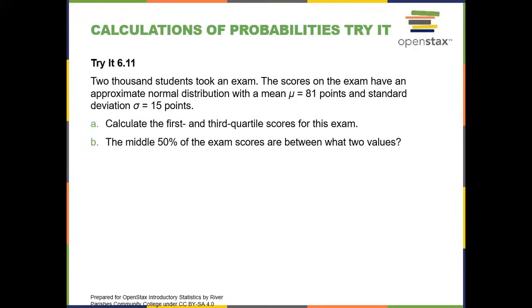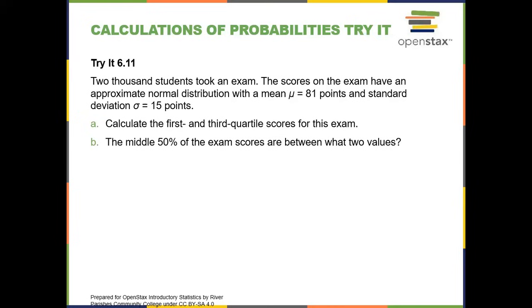Okay, 2,000 students took an exam. The scores on the exam have an approximate normal distribution. Mean is 81 points, standard deviation sigma is 15 points. Calculate the first and third quartile. First quartile means 25% of the areas are below that particular score. So again, second verse, and we have to use 3 because we know the area is 0.25.